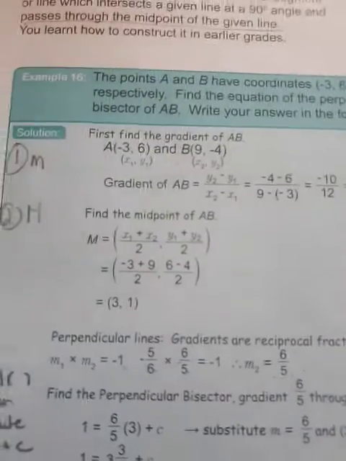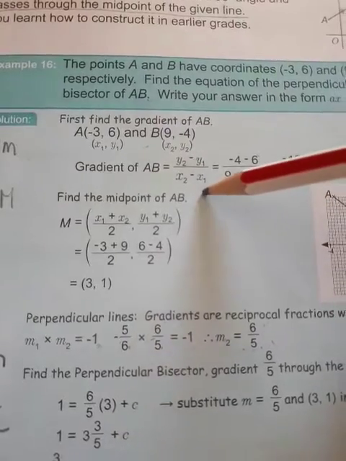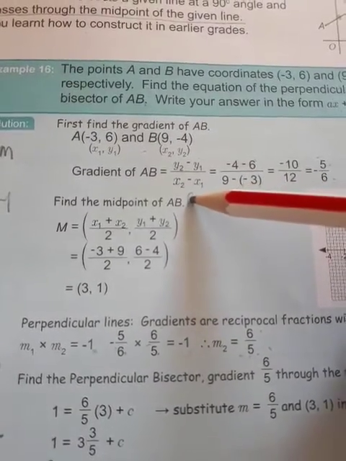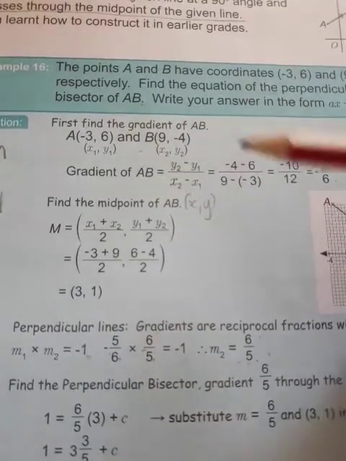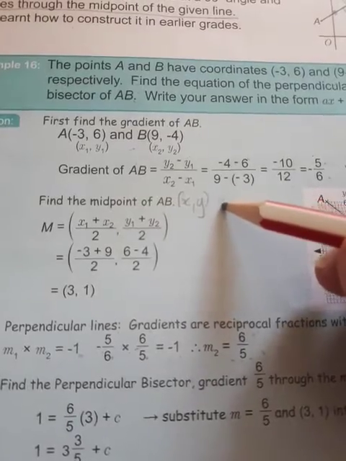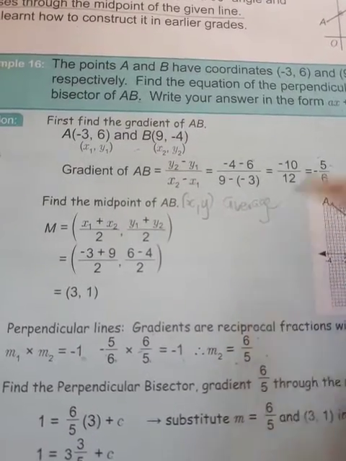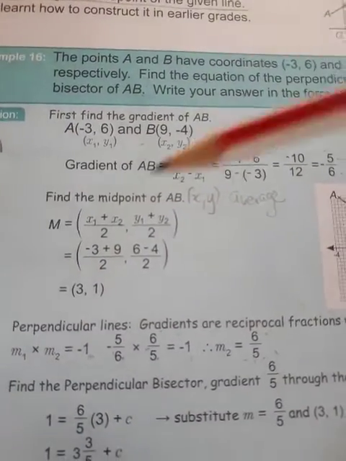And remember, in the previous video, I taught you that the midpoint, number one, important, is a coordinate. So it's in the format of x, y, okay? And secondly, I taught you it is always the average of your two x coordinates and the two y coordinates.